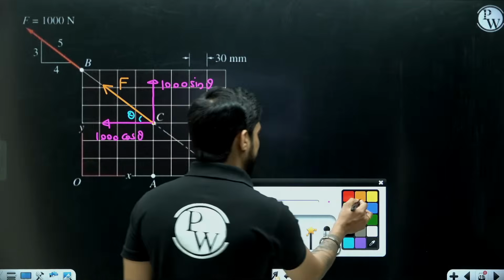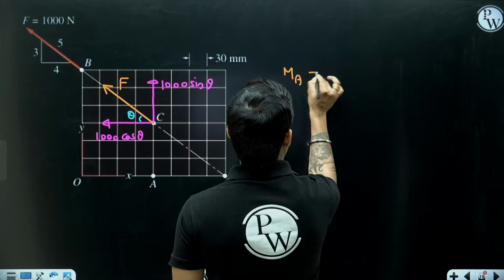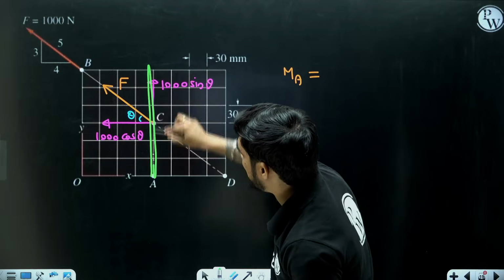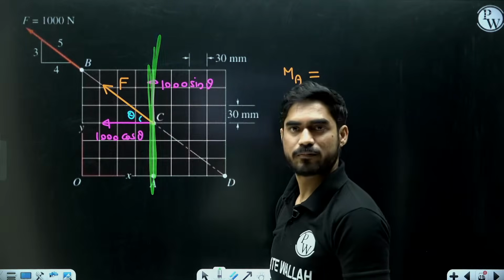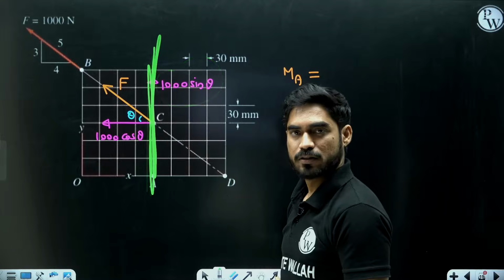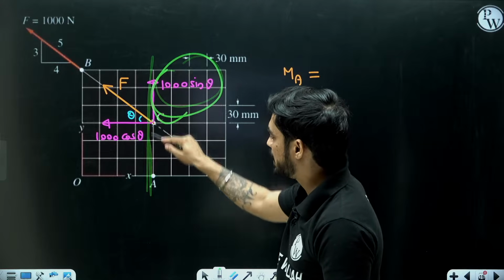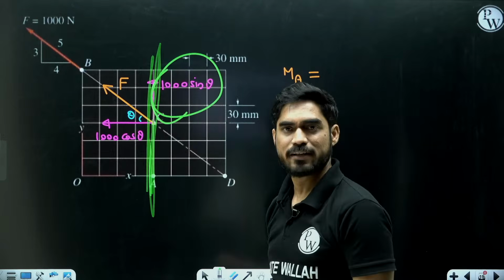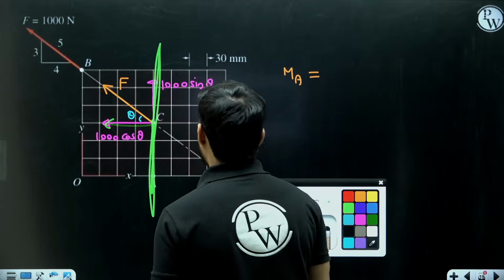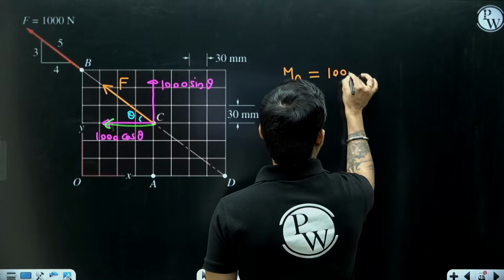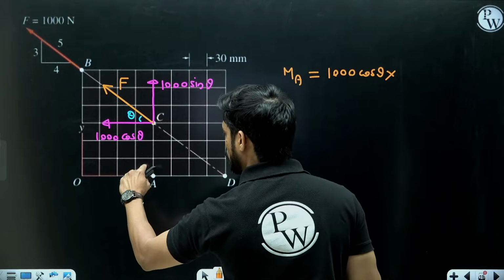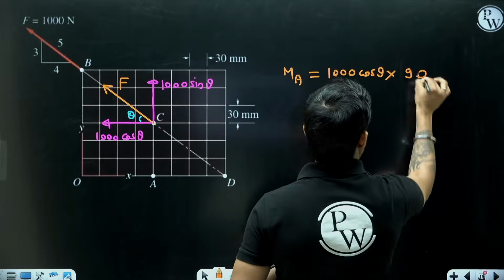If I calculate the moment at point A, you can see that 1000 sin theta is passing through point A, so its distance from A is 0. It will not apply any moment at point A. I will only get the moment of 1000 cos theta, multiplied by this distance: 1, 2, 3, which means 90.